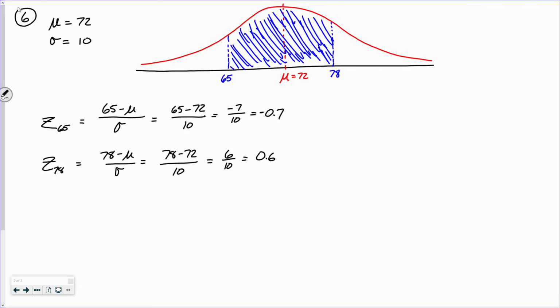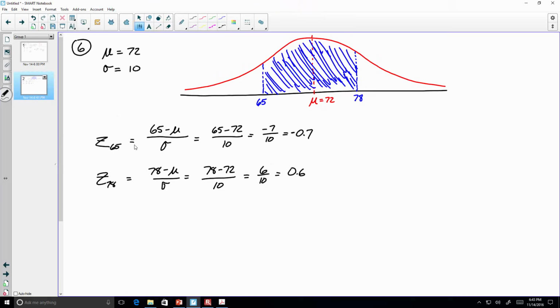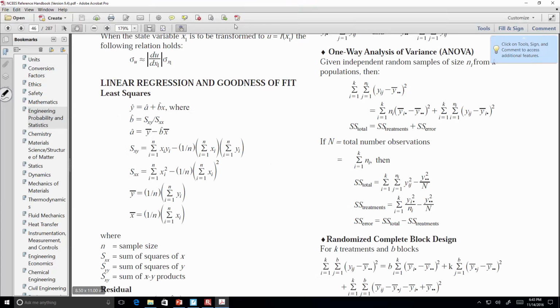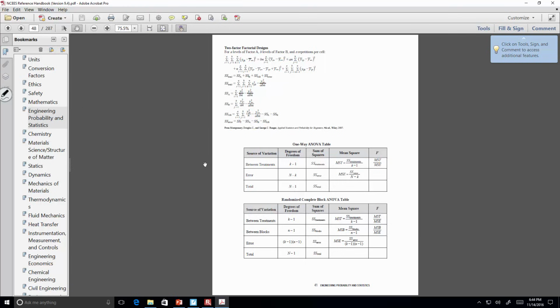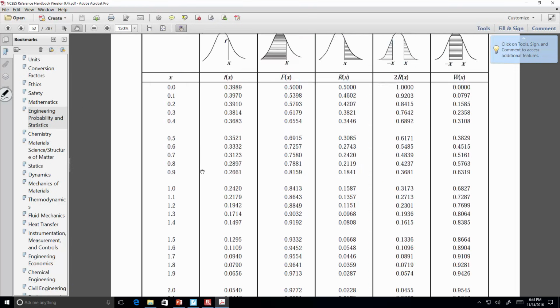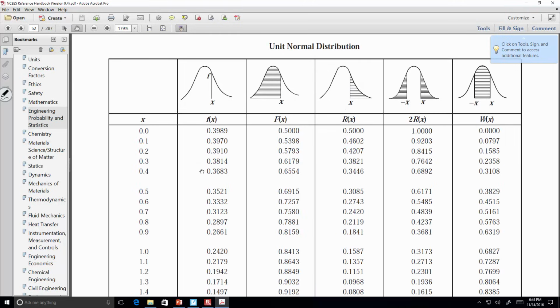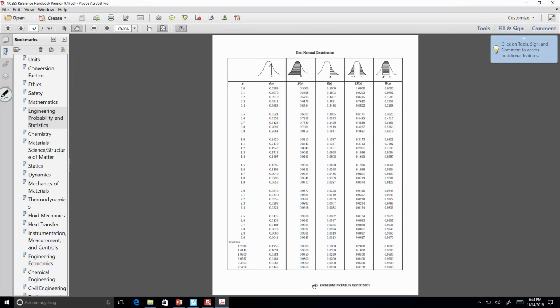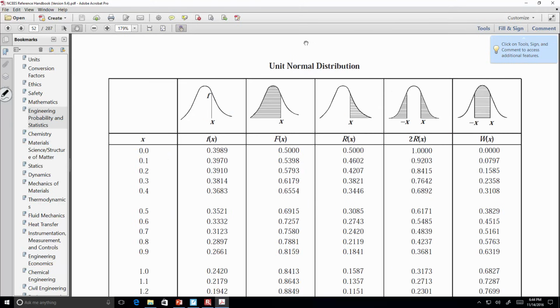Now, before we do anything with these, I want to go to the reference manual to make sure everybody's clear on what they're provided. I'm on page, I think it's 46. If you look at the bottom, page 46. This is your unit normal distribution, and we're looking at the area sections.